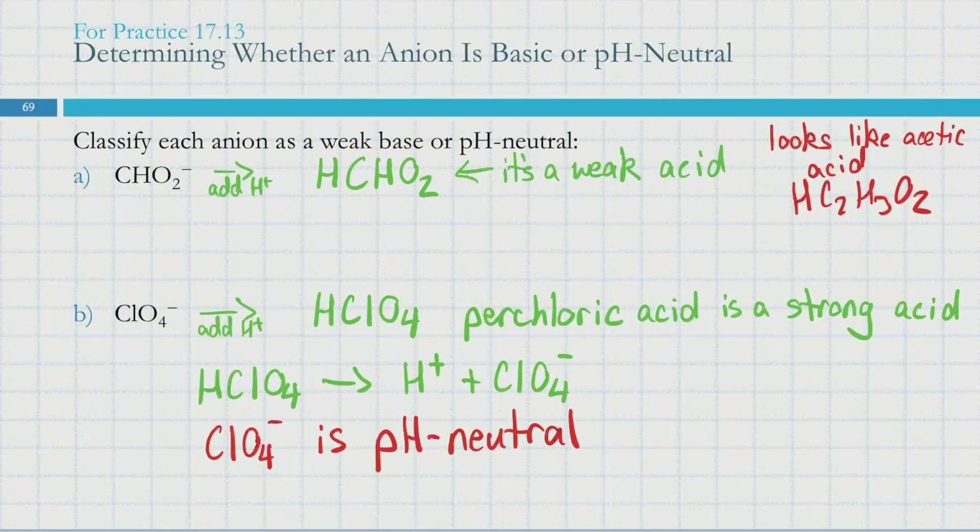Carboxylic acids are weak acids. So that might be how you'd identify it. Or you would just know it's not on our short list of strong acids, so it must be a weak acid. And since that's a weak acid, CHO2- is a weak base.